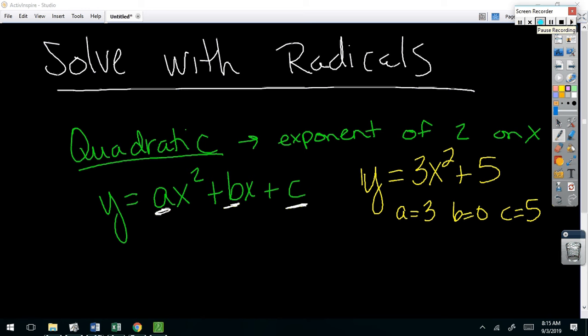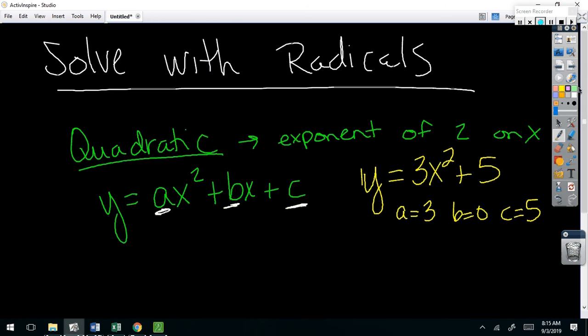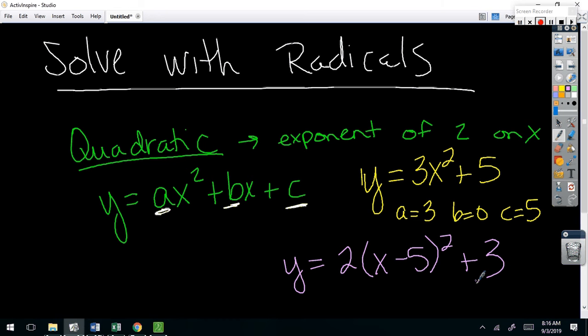All right, so sometimes we'll have to solve an equation that is a quadratic. By the way, it can look like this too. That is still a quadratic.